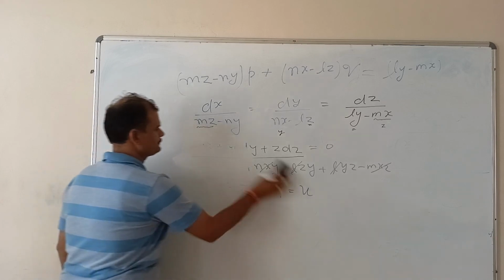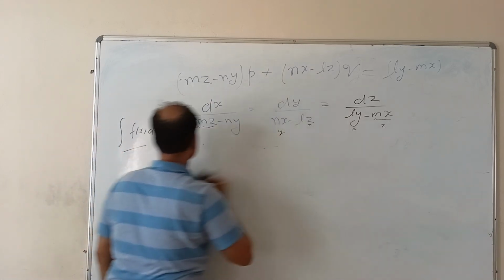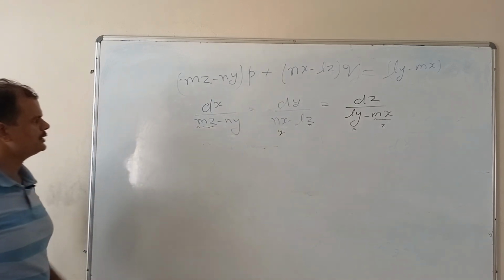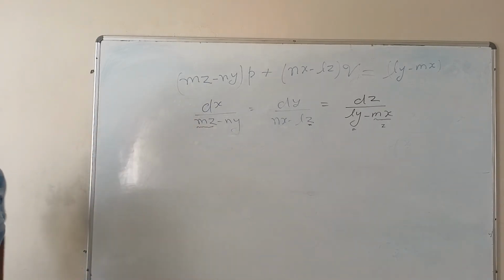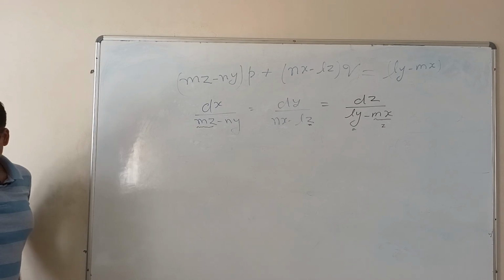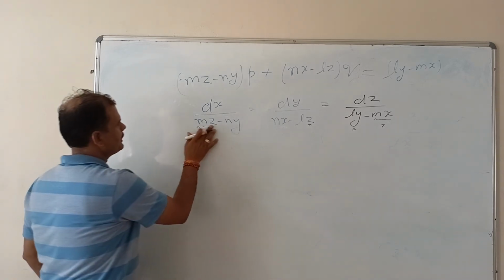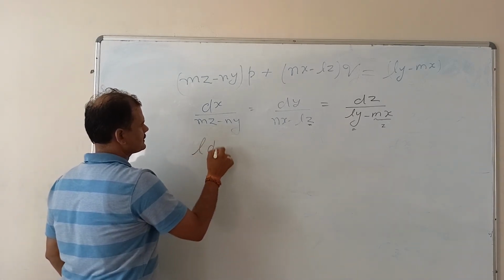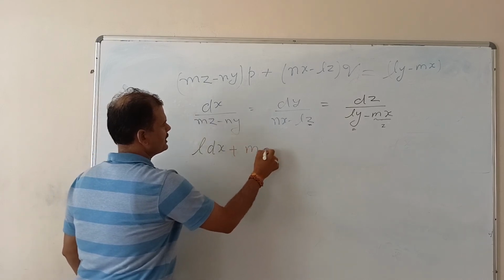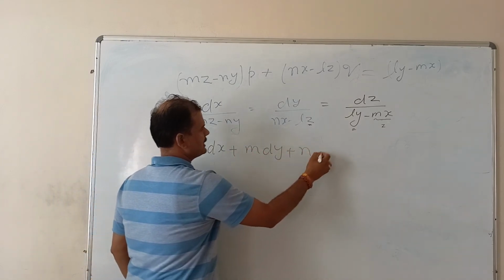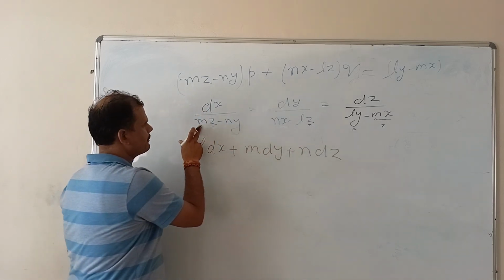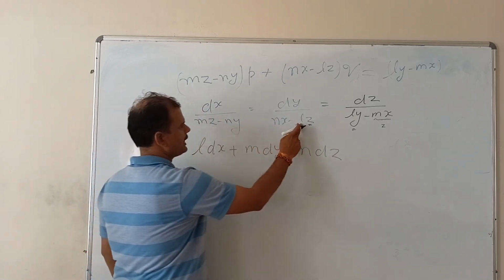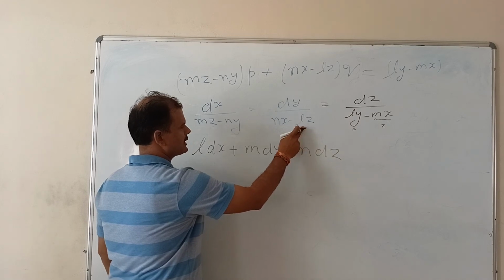Second, what we do? If I multiply by l, m and n here, l dx plus m dy plus n dz, the denominator will be 0. You can check that. Here we have mlz, and multiplying by m here, this will cancel.